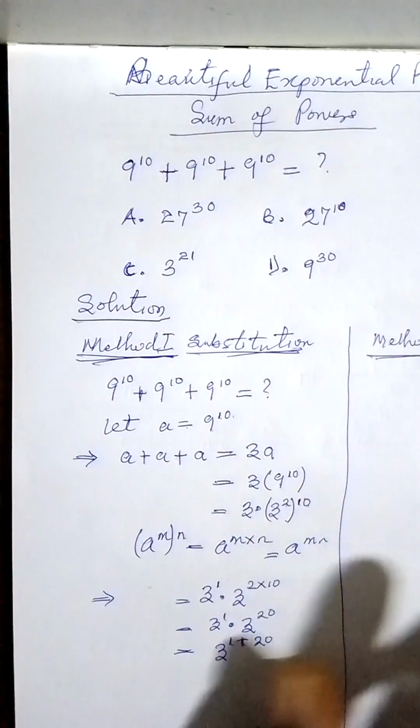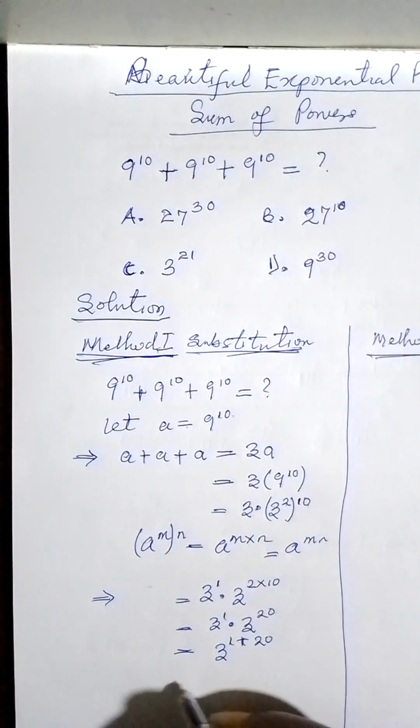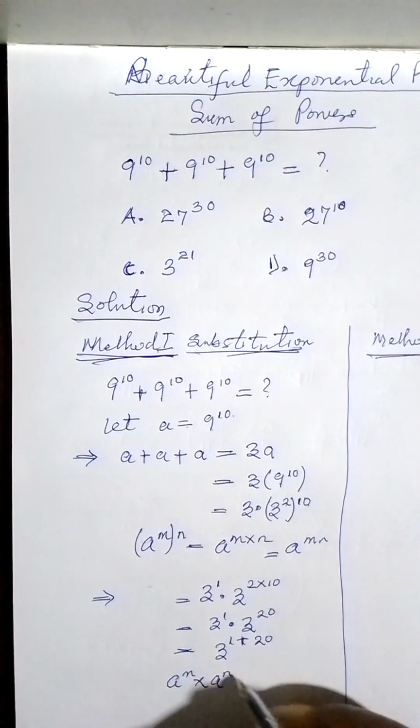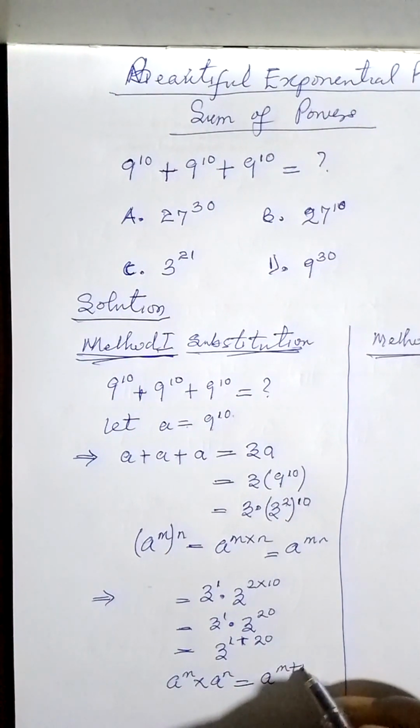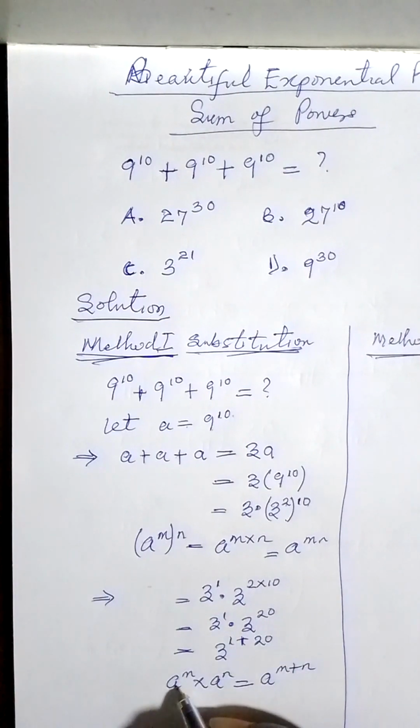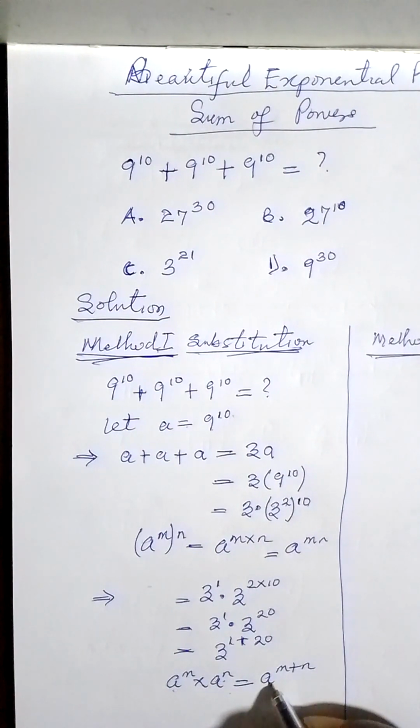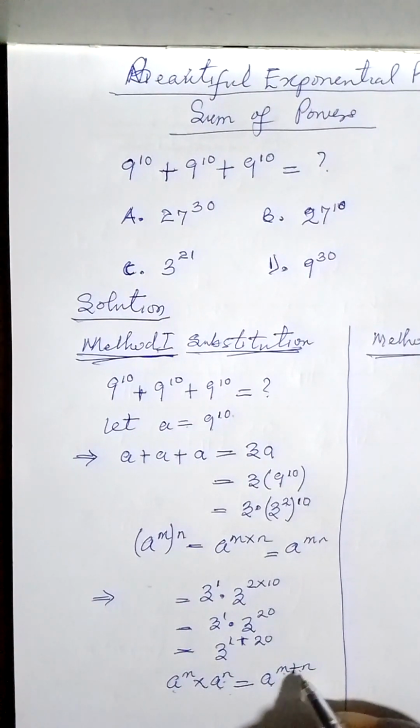And this follows from this rule of indices, that if you have a to the power of m multiplied by a to the power of n, then it's going to be a to the power of m plus n. So when the 2 index notations are multiplied, I will take the common base, and that is if the 2 indices have common bases. Okay, we take the common base and then add the exponents.